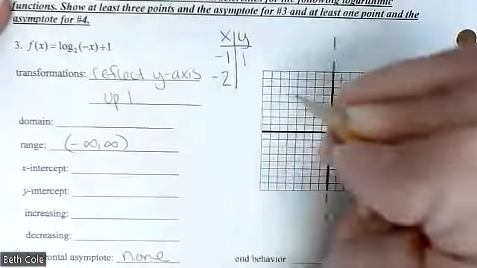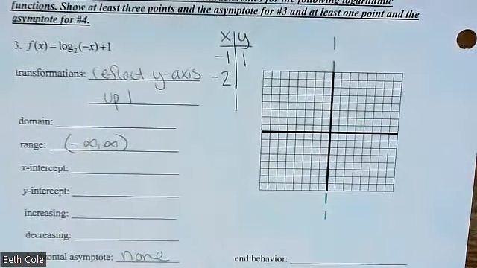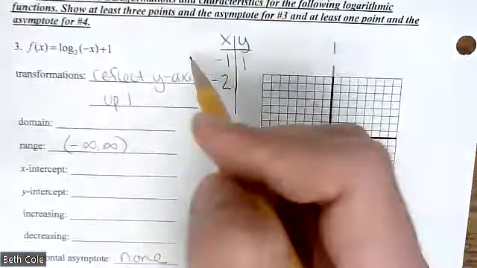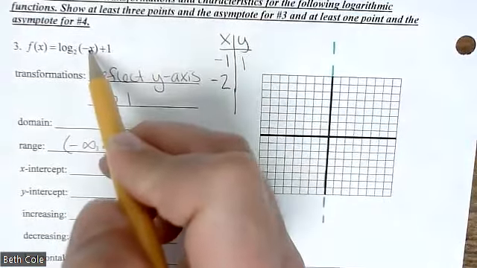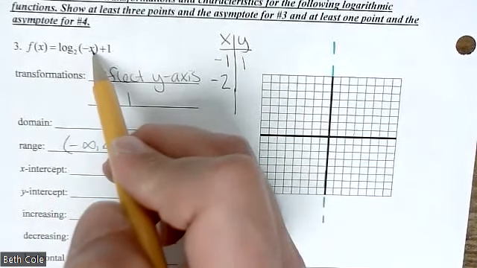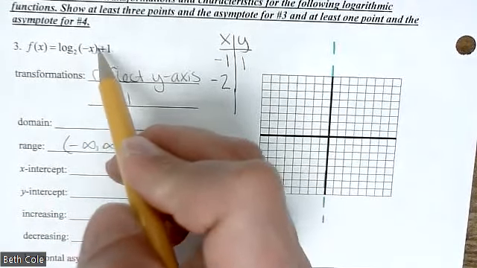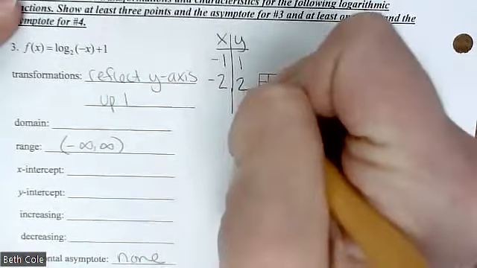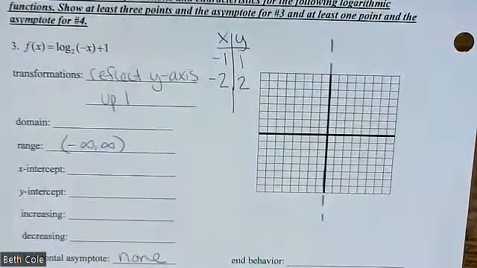So let's try -2. You're just going to go in order, and if you get one that doesn't work, just erase it and try something else. All right, if you plug in -2, negatives cancel, so it's just 2. 2 to what power gives you 2? 1 plus 1 is 2. As a heads up, -3 won't work.